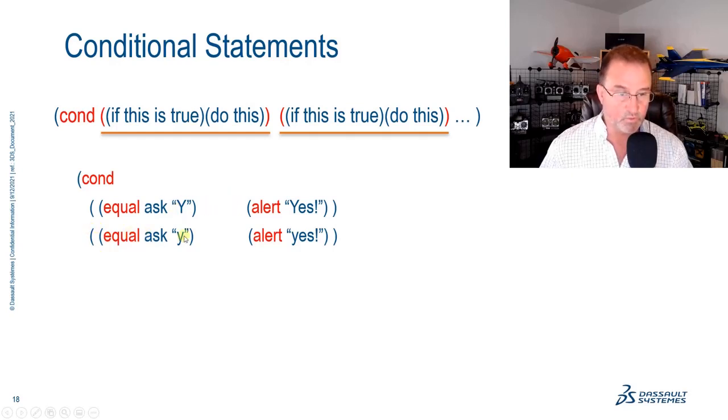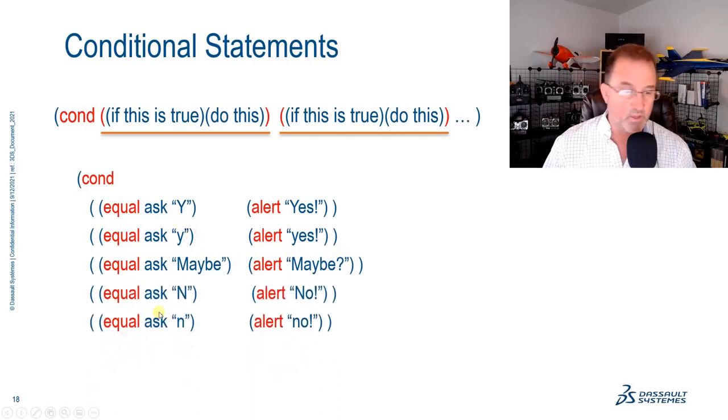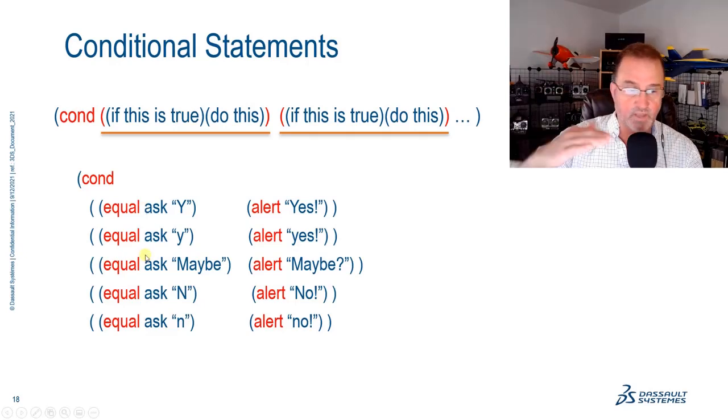Well, if it's equal to a lowercase y, alert yes, but with a lowercase y. Or if the variable ask is set to the text maybe, then alert maybe with a question mark, and so on. You can get the sense here that I can create a whole list of different conditions. And unless it finds a match, it'll continue to travel down through all those conditions in order until it gets to the end.